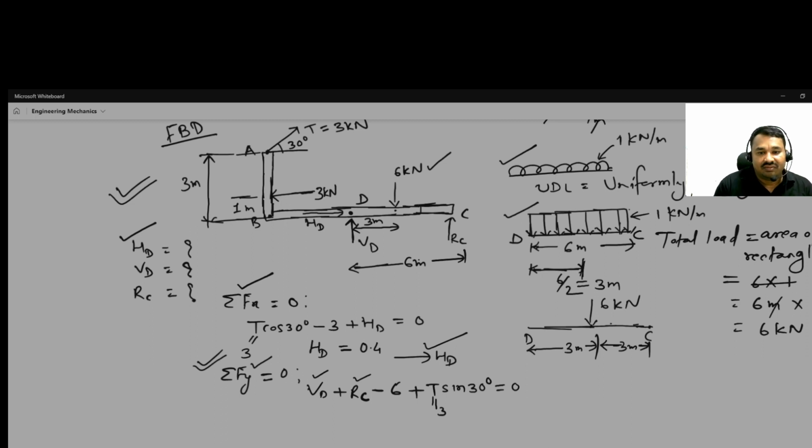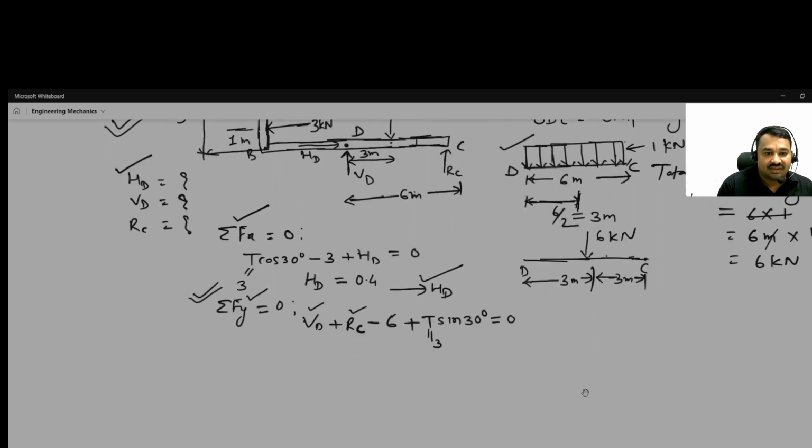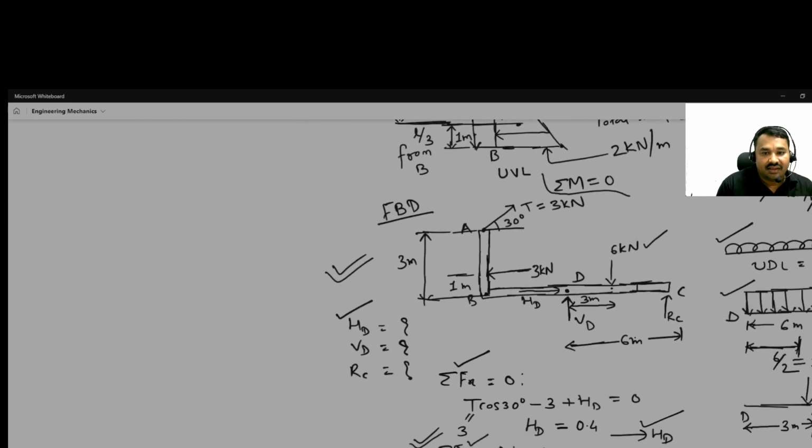So what is the rest, what is remaining? So here if you see, the remaining is, suppose this condition, summation of moment is equal to 0.